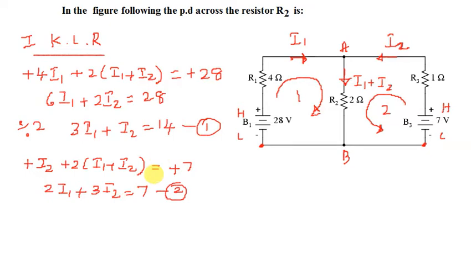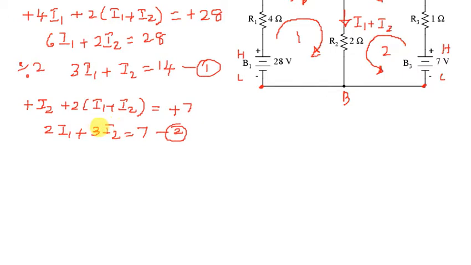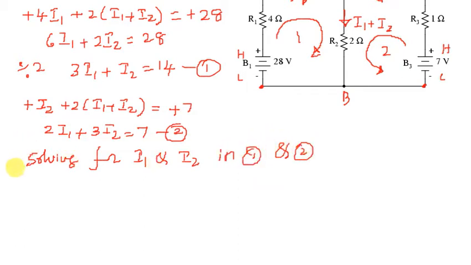Now I have to solve equations 1 and 2, which will yield the values of I1 and I2. I simply multiply the first equation by 3, which gives 9 times I1 plus 3I2 equals 42.